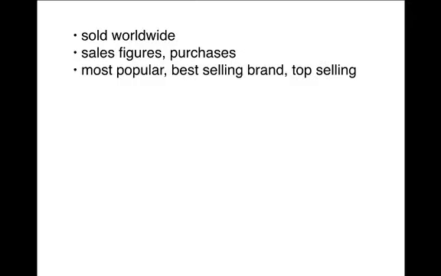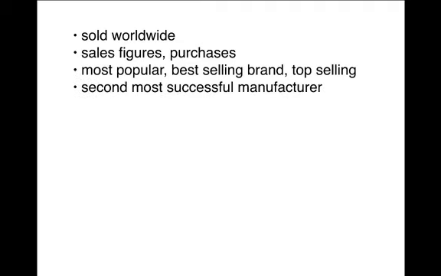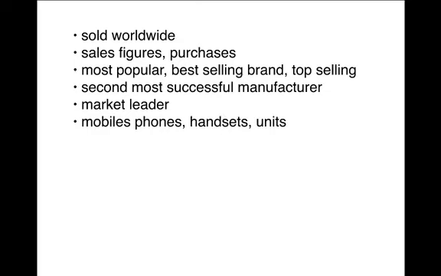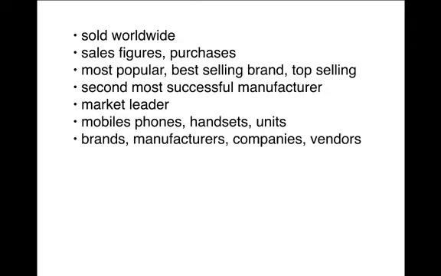I also wrote sales figures, purchases, most popular, best-selling brand, top-selling, second most successful manufacturer, market leader, mobile phones. Instead of that, we wrote handsets, units, brands. That came from the question, but I also wrote manufacturers, companies, vendors.